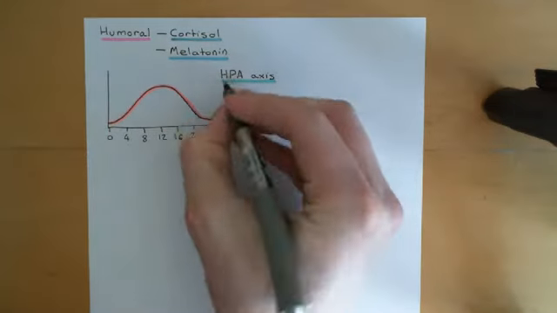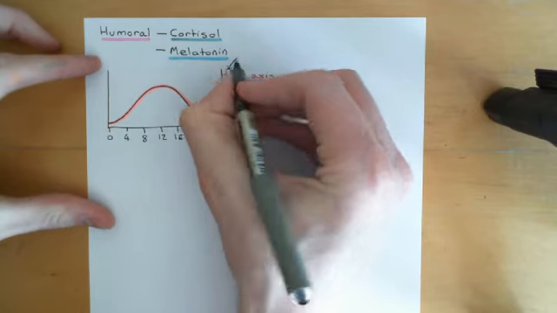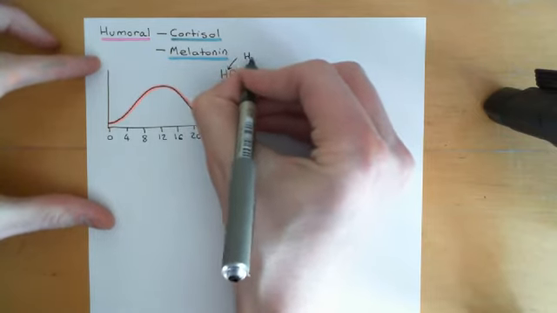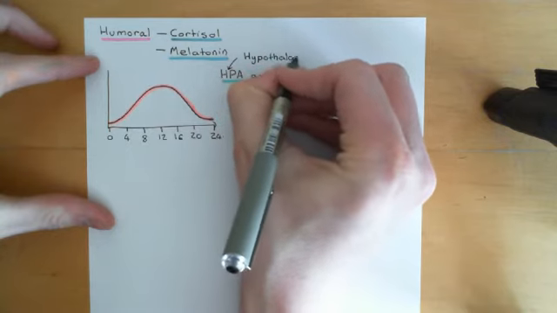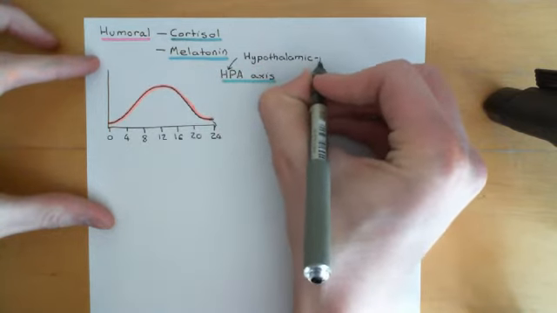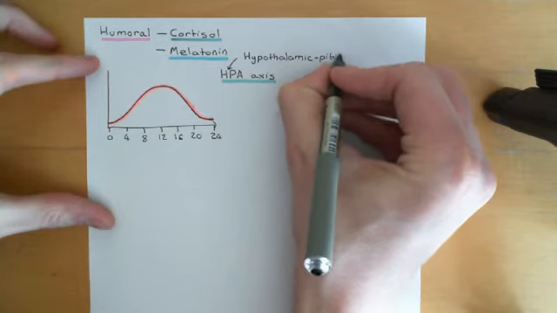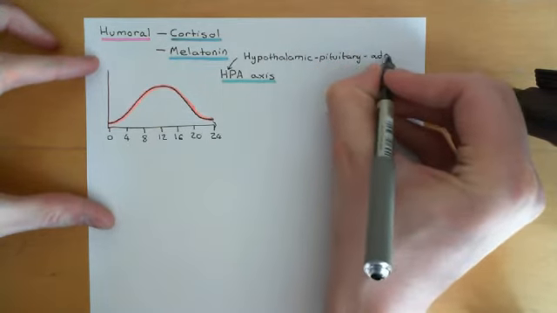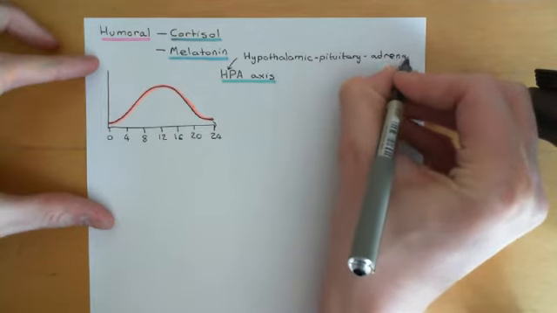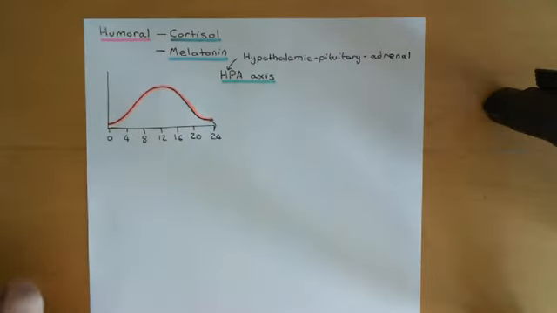Well, HPA stands for Hypothalamic Pituitary Adrenal Axis. So the H is for hypothalamic, the P is for pituitary, and the A is for adrenal. So basically this describes each of the tissues that is involved in this axis.